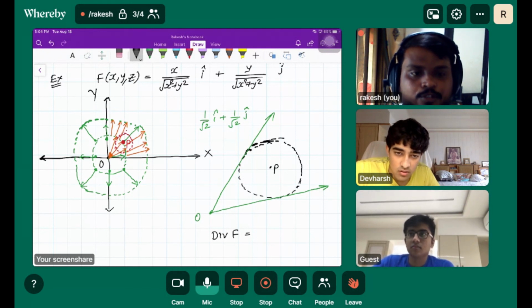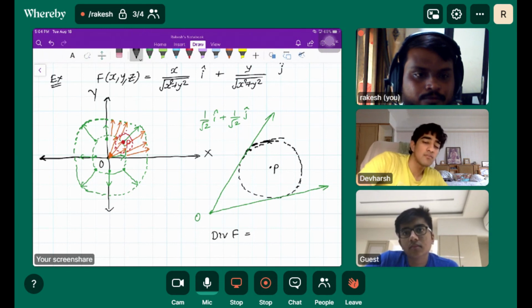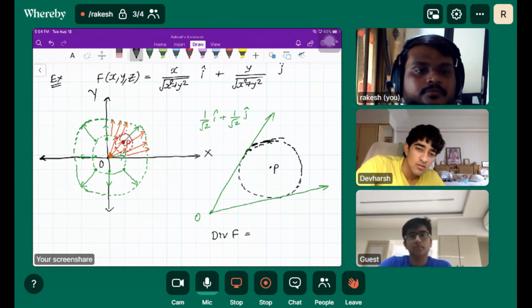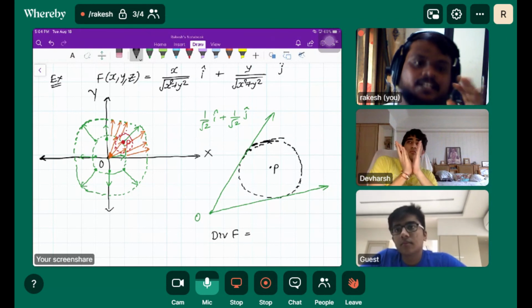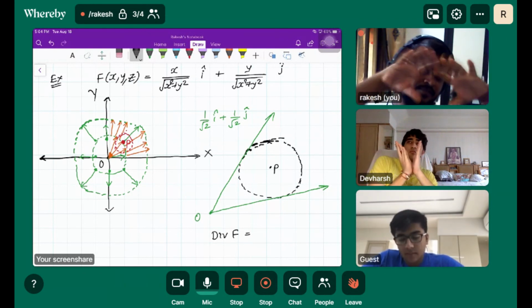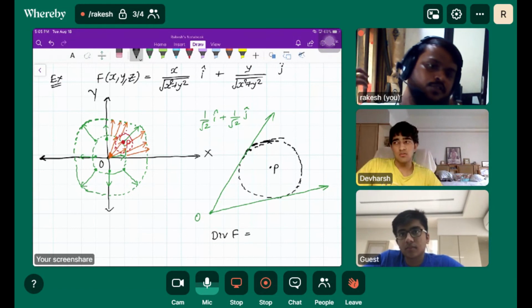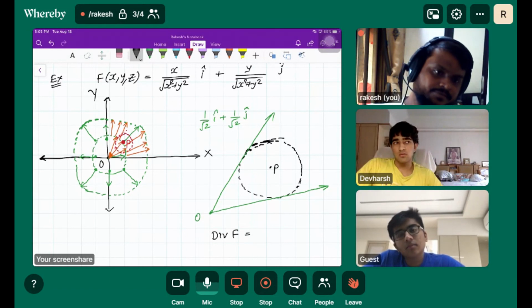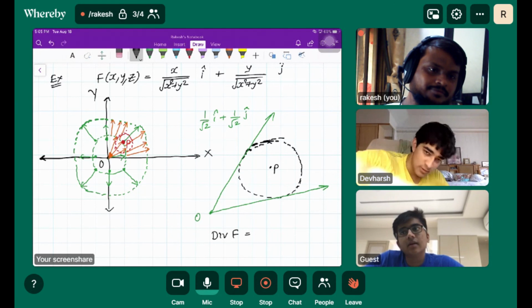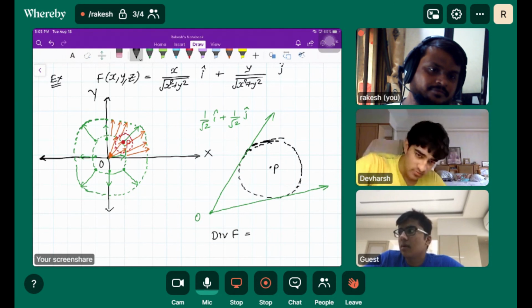What about you, Mano? They have said that the amount of rays leaving the neighborhood is more than the amount of rays entering it. What do you say? It's the same.